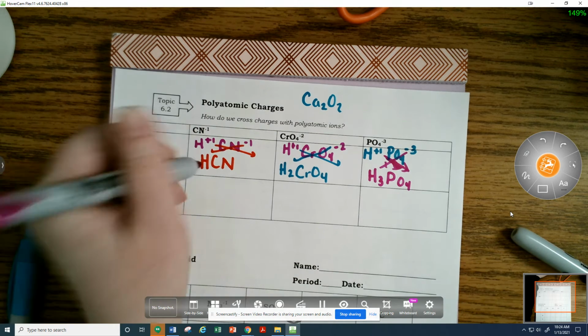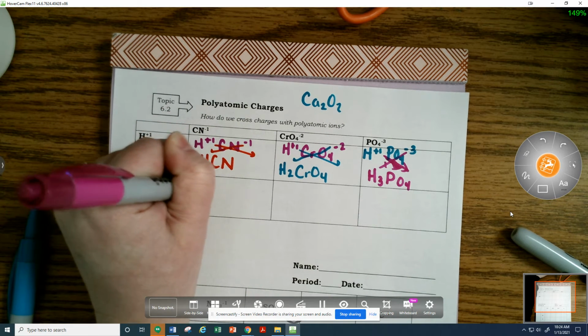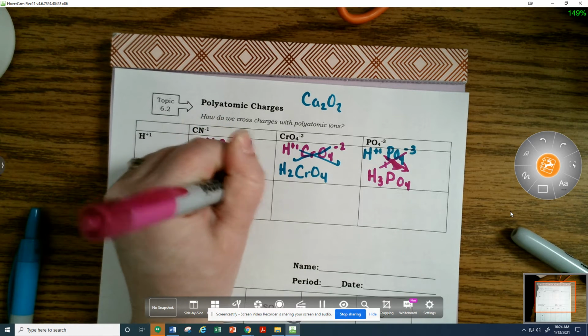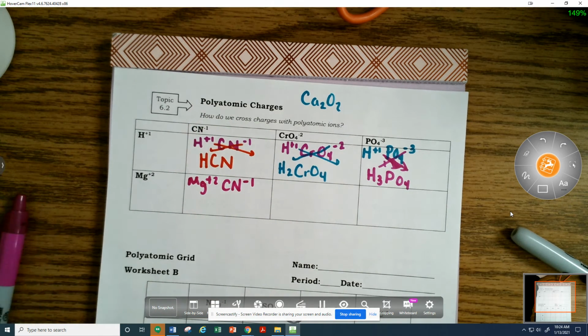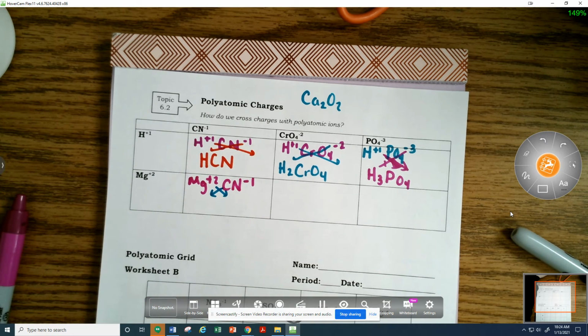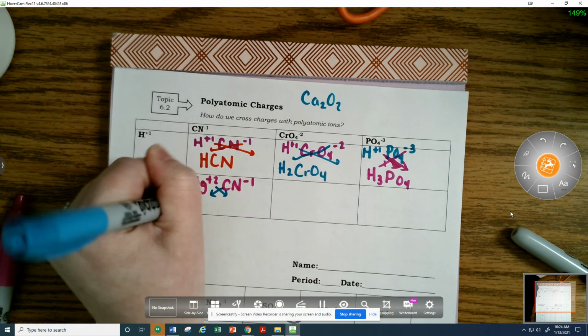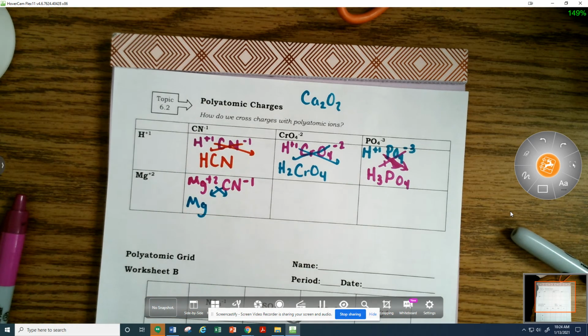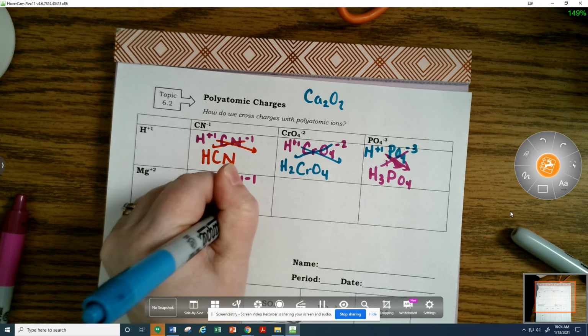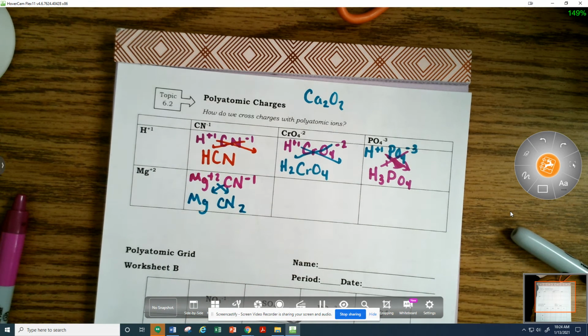In this first example, we have Mg +2 combining with CN -1. Like before, we're going to cross down. We're bringing a 1 to the Mg, so nothing's changed there. When we cross down to the CN, we're bringing down a 2. Give me just a second to explain before you write down your final answer. Written like this, it tells me I have 1 magnesium, 1 carbon, and 2 nitrogens.